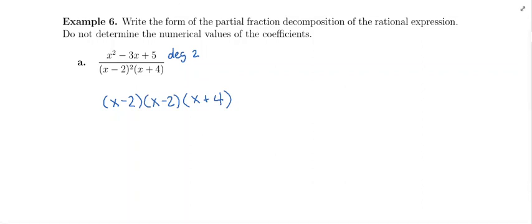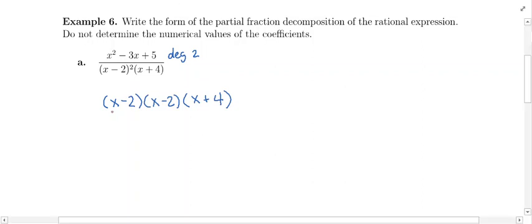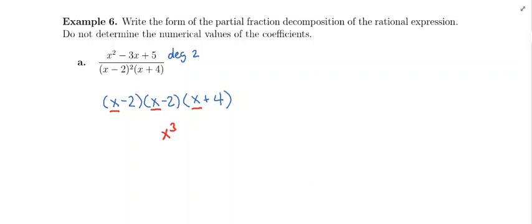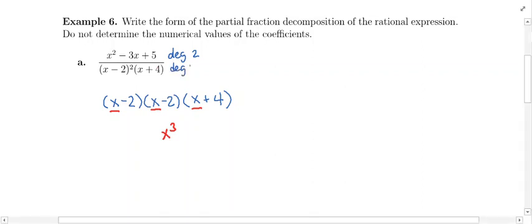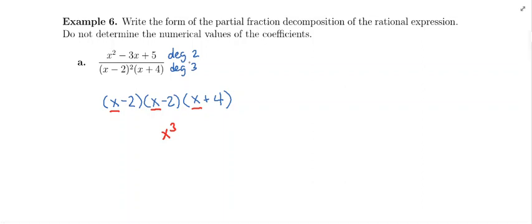To figure out the degree, take all the x pieces and multiply them together. It's going to be x times x times x. This is going to be x cubed, so the bottom is degree 3. So that means the partial fraction decomposition is going to be one of the cases, either case 1, case 2, case 3, or case 4. We do not have to begin with long division.